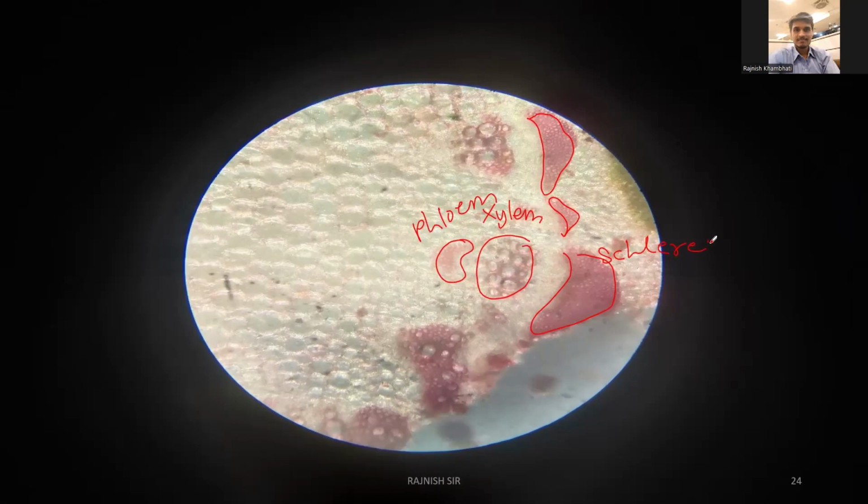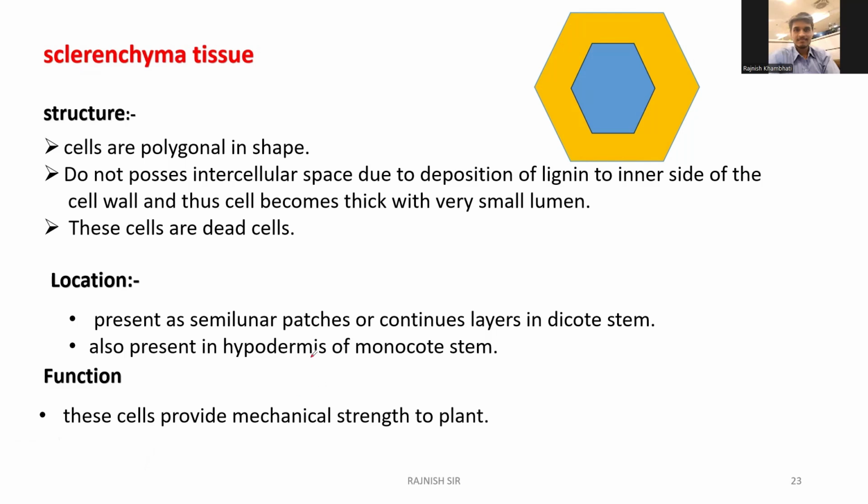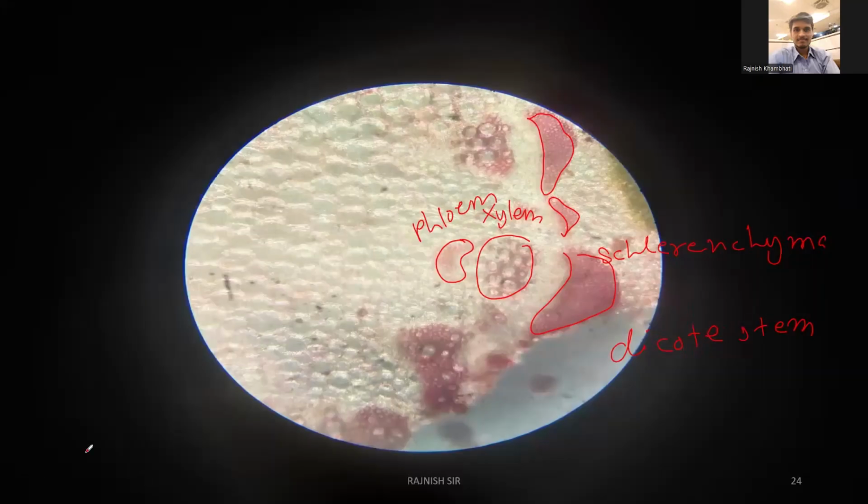Actually, this is a section of a dicot stem. So this is called a semilunar patch. Let me show you what is written about semilunar patches in the dicot stem. Okay, let's move ahead.